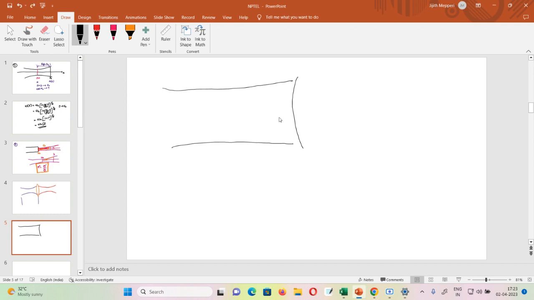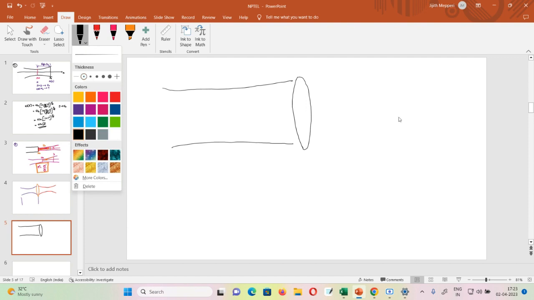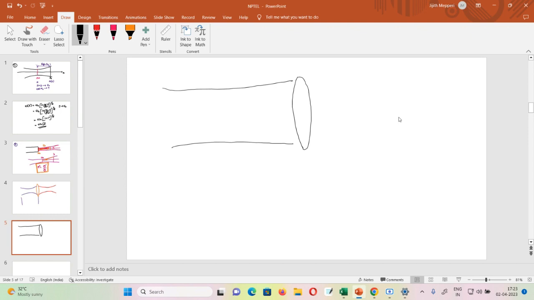So what happens in the case of ray optics? After this parallel beam passes, it will go and focus. This is the ray equivalent of focusing of a beam by a lens.